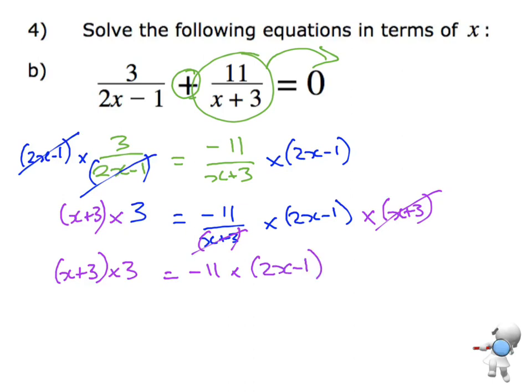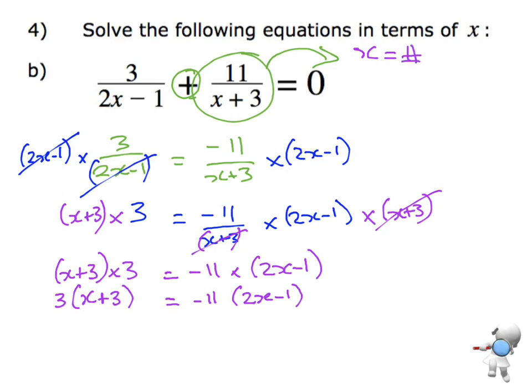Now that looks like a much easier thing to deal with, and I'm going to rearrange it slightly further, putting the 3 in front, into a form that hopefully you're more familiar with. Now I've got 2 sets of brackets. I'm going to expand those brackets and then simplify, collecting all the x's on the left and numbers on the right, so that I can get it in the form x equals a number.